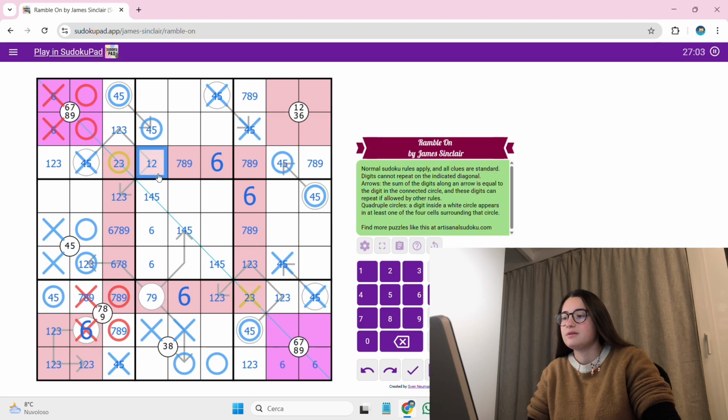So this is either 1 or 2. So the 3 has to be in one of these 2. And so must the 2. And so must the 3. No, because the 3 could be here as well. And I think the same happens here. I think this can't be 3.